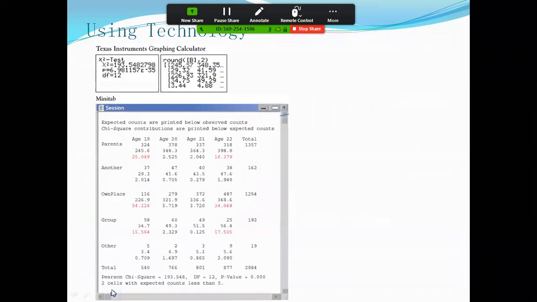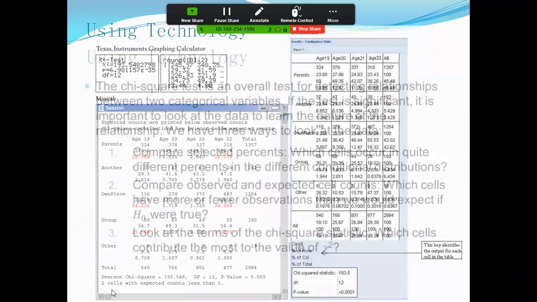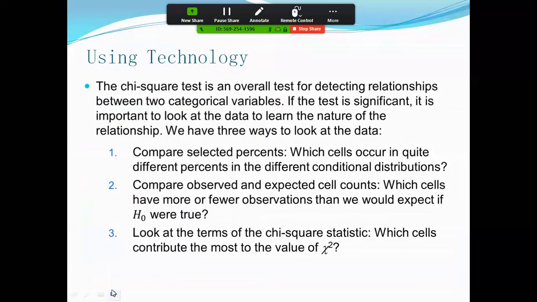Using technology, we've got chi-square test abilities. The chi-square test is an overall test for detecting relationships between two categorical variables. If the test is significant, it is important to look at the data to learn the nature of the relationship. We have 3 ways to look at the data. 1. Compare selected percents.